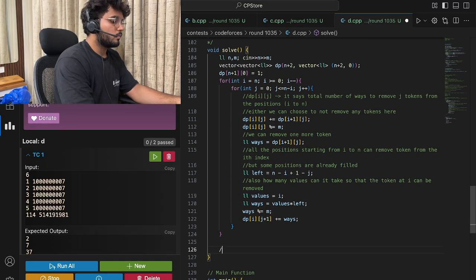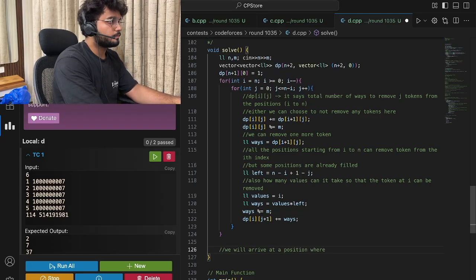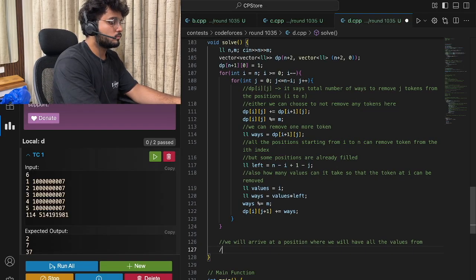Now we will arrive at a position where we will have all the values from dp 1 0, dp 1 1 till dp 1 n. Now simply we can add all of this, right?